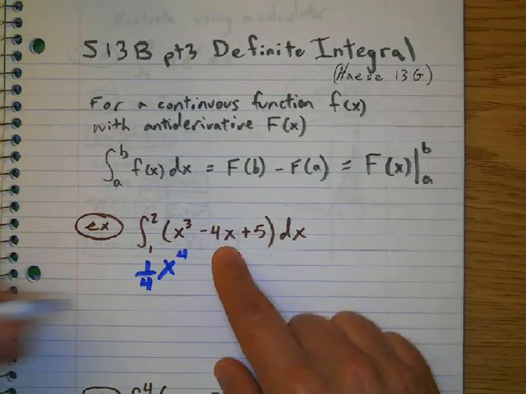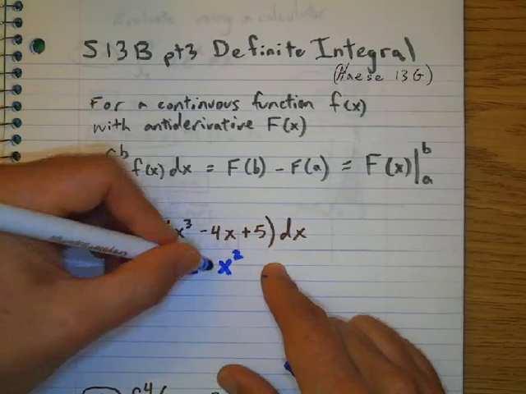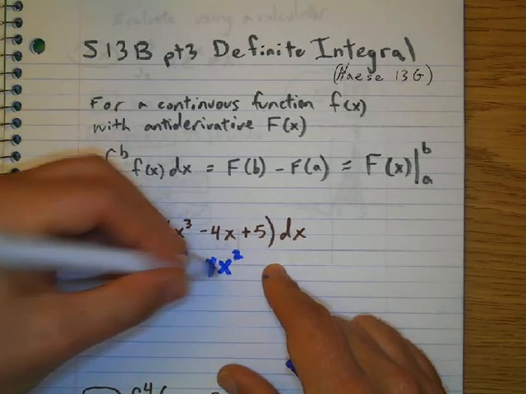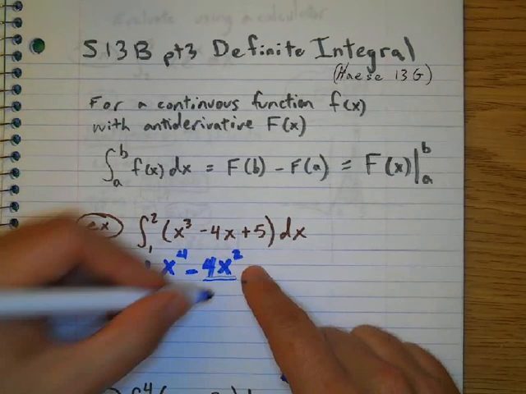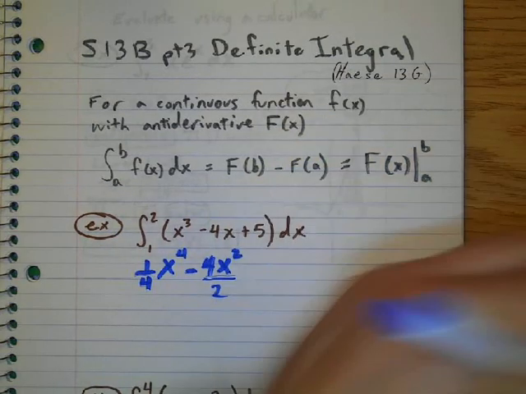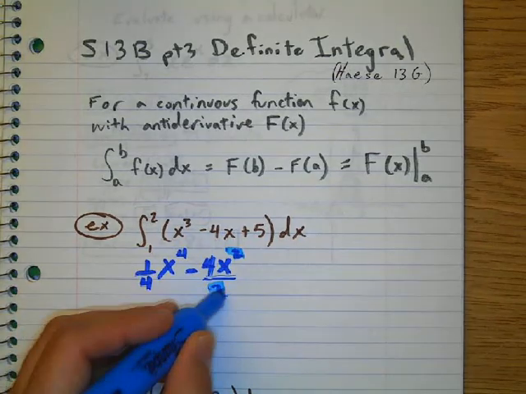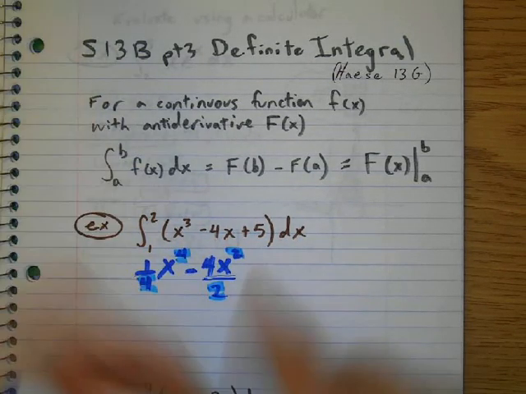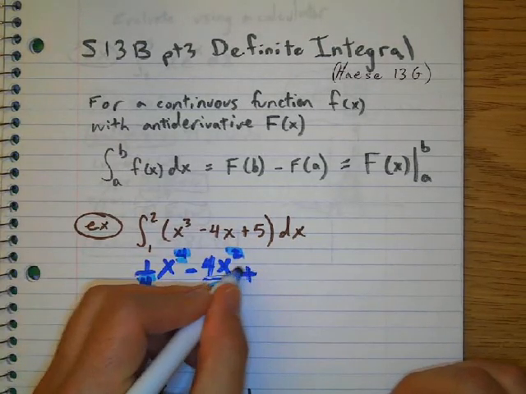Then for this term, the power increases by 1, so we have x squared, and the 4 is there, and we divide by 2, because of this power. And then over here, plus 5x.